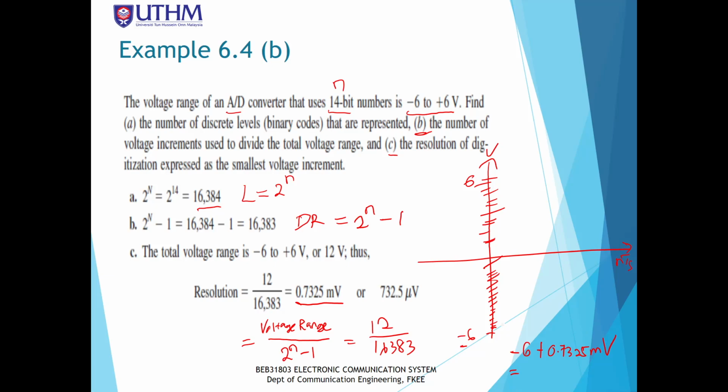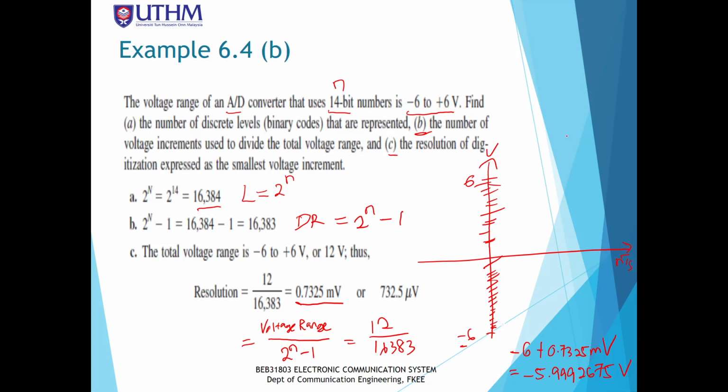You can use your calculator: -6 plus 0.7325 milli. So the next level would be -5.99992675 volt. This is the next level after -6.